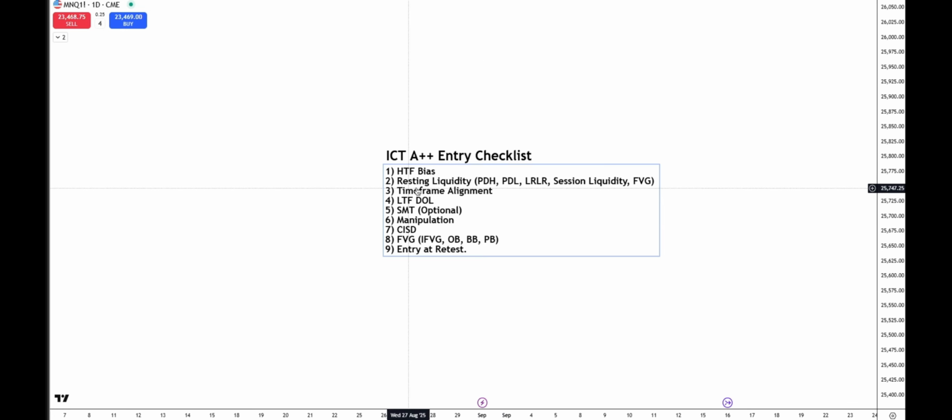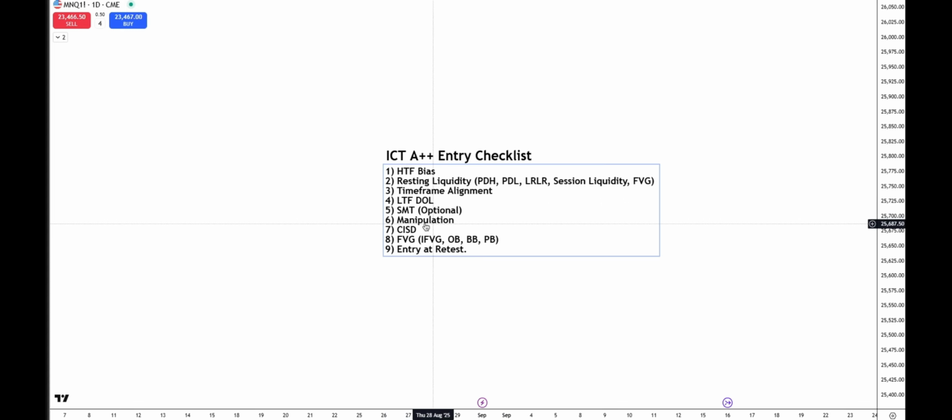Time frame alignment is one of the most important things I need to see, going into higher time frame and aligning all the higher time frame bias to lower time frame, and lower time frame DOL I have already told about. SMT is a must, but I give it optional because sometimes you may get SMT but sometimes you won't.